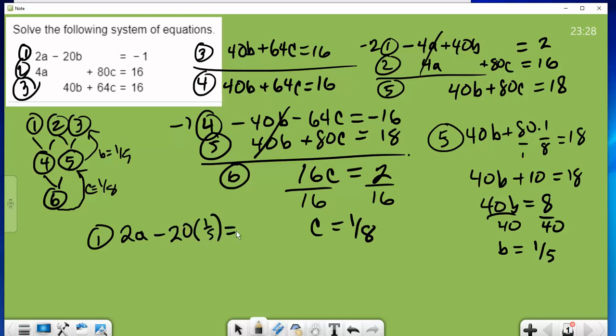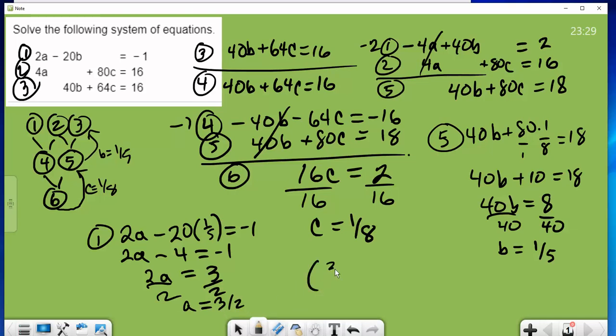There's no C. And we solve that. 20 divided by 5 is 4. Add 4, so that's 3. And then divide by 2. That doesn't reduce, so it's just 3/2. So our solution set is 3/2, 1/5, and 1/8.